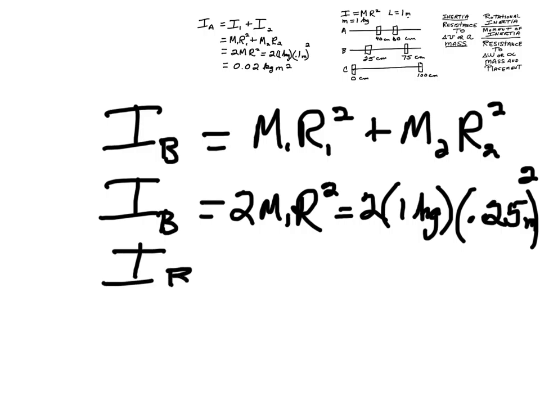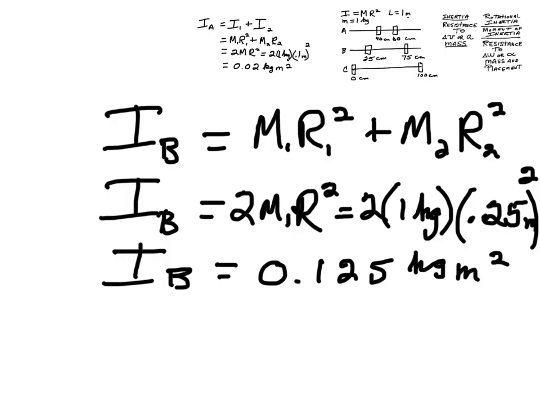So IB equals 0.125 kilogram meters squared. So you can see that this one is quite a bit bigger than that one. And that's because the R gets squared. So as we move the masses along the bar, the rotational inertia goes up very quickly.